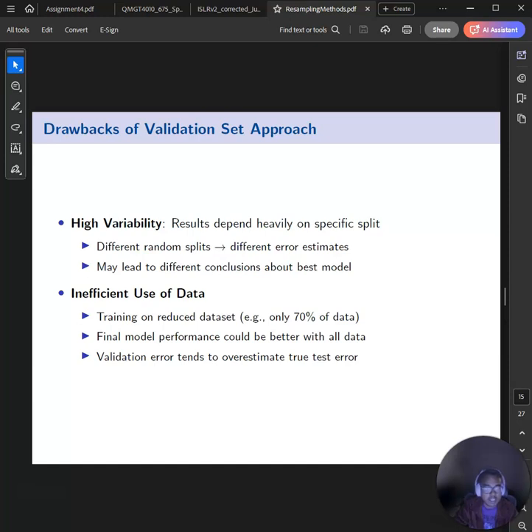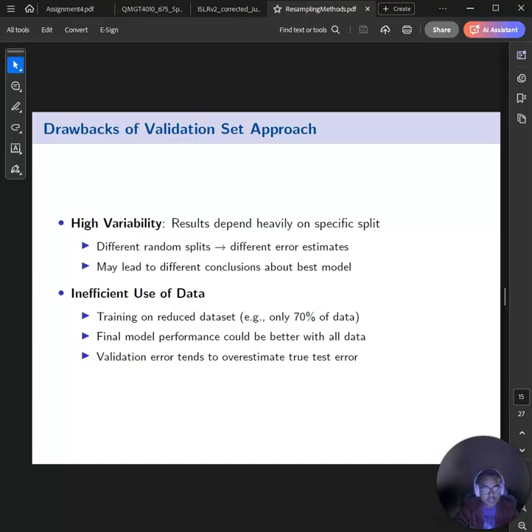Second, the validation set approach uses data inefficiently. When we set aside, say, 30% of our data for validation, we are training our model on a reduced data set, only 70% of the available data. This means our model performance could potentially be better if we had used all the data for training.